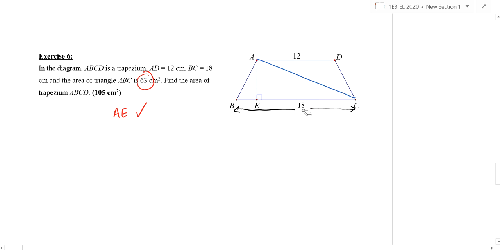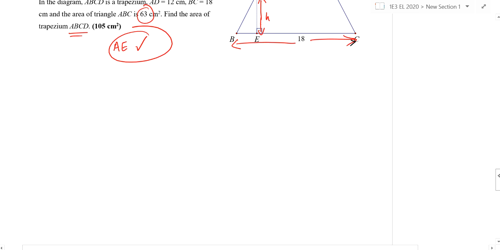At the same time, it is also the perpendicular height for this trapezium, which is what we require to find the area of ABCD. We've got the parallel sides, 18 and 12. All we needed is AE for the perpendicular height, which we said that we could have found.